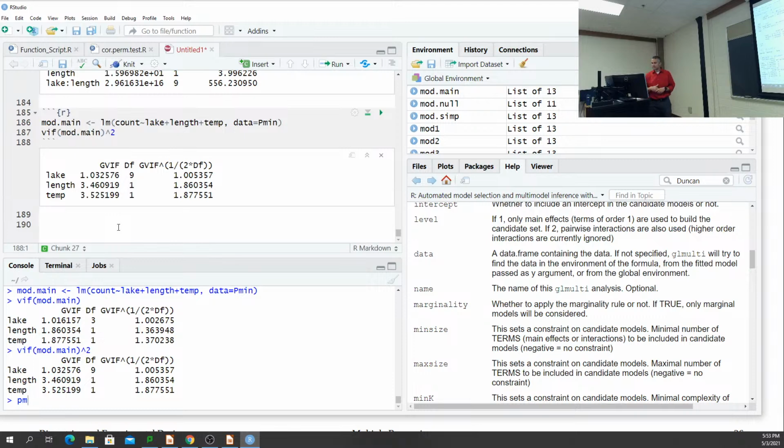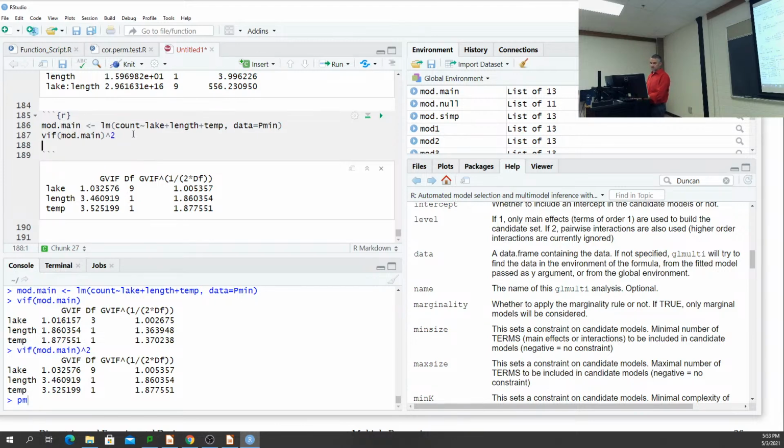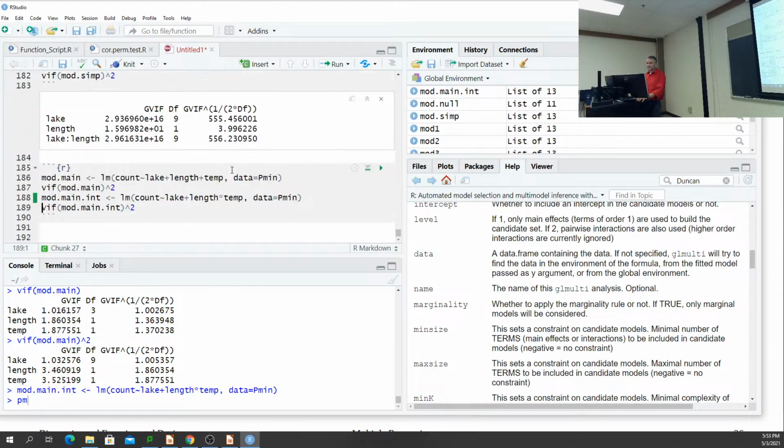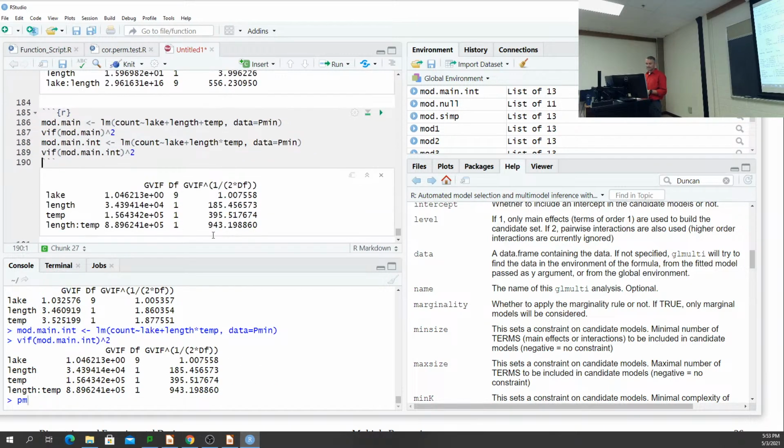You can see that with the main effects only, we don't have a correlation. But if we're going to add one more variable to our model in the form of an interaction, now we're going to cause a significant increase in our variance inflation factor. I'm just going to do these last ones, so I just take that main effect to demonstrate how that interaction term is going to affect our variance inflation factor.